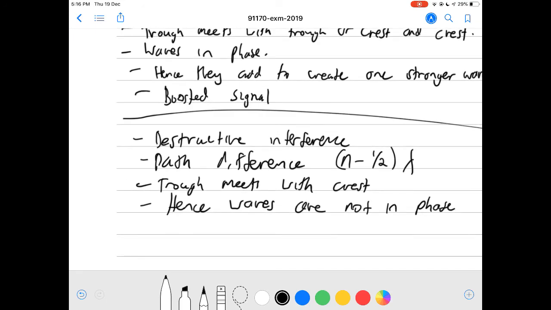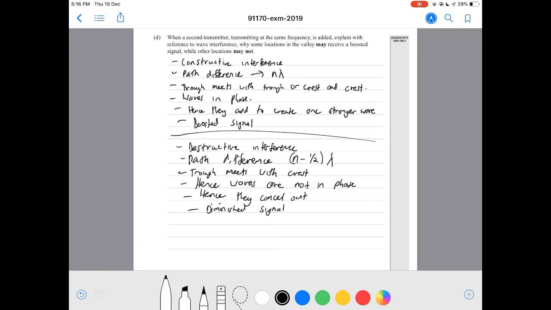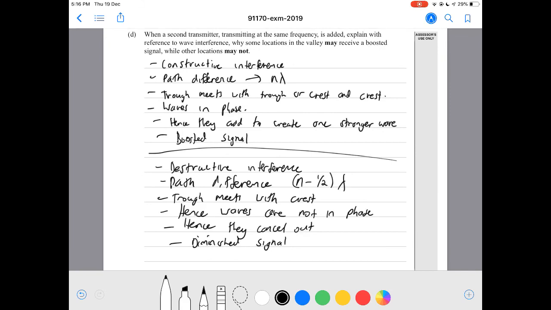Hence they might cancel out. And you can say this is a diminished signal. Yeah, so those are the main important points you need to cover in your description.